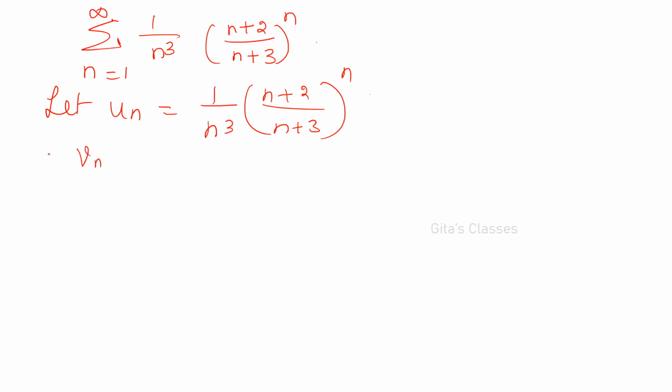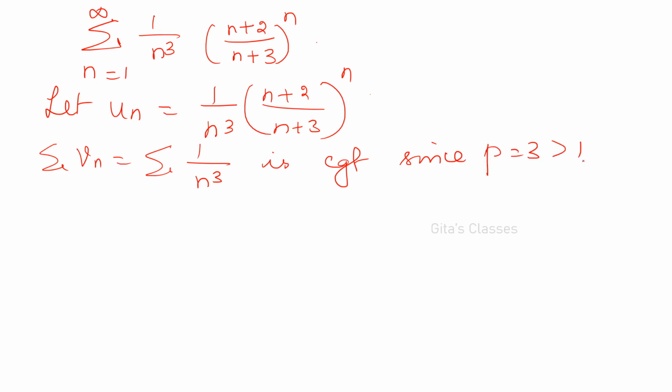So sigma vn is equal to sigma 1 by n power 3. Now sigma 1 by n power 3 is convergent, because p is equal to 3 which is greater than 1. Greater than 1 means convergent, less than or equal to 1 means divergent. Please remember that.